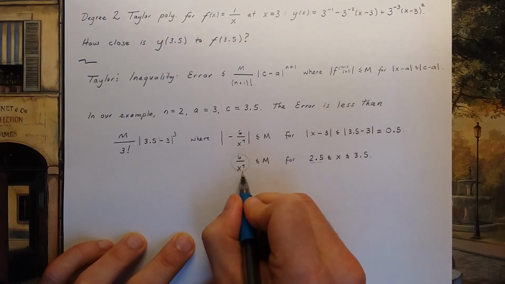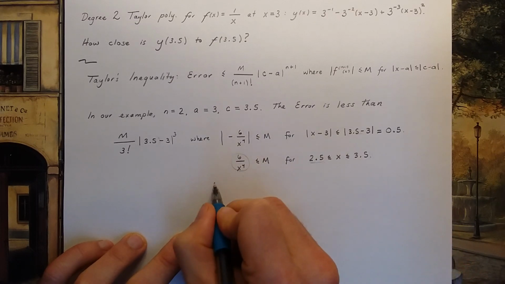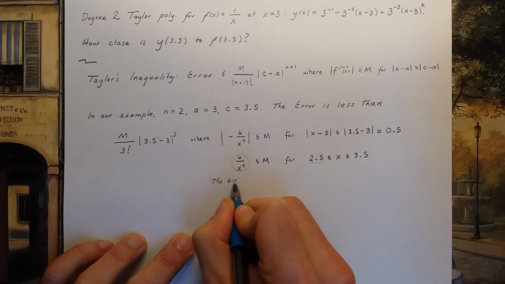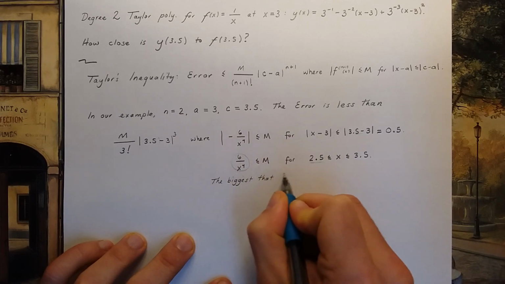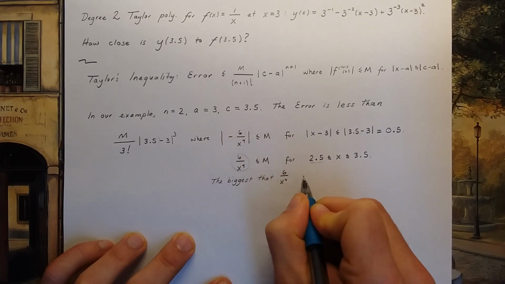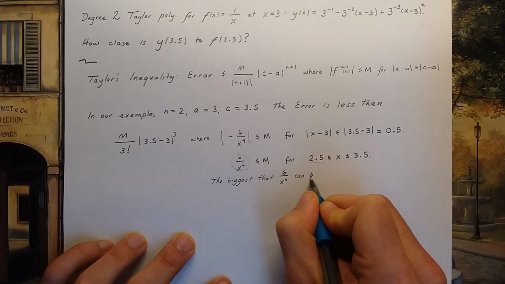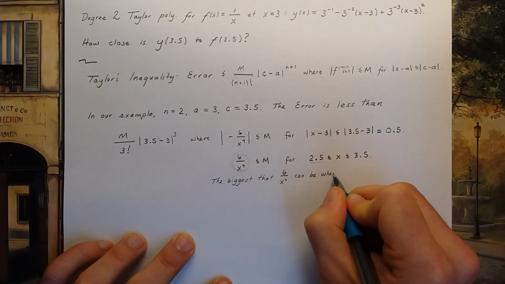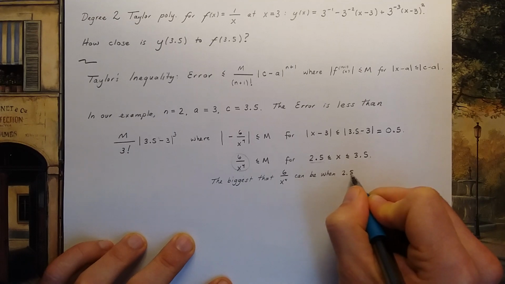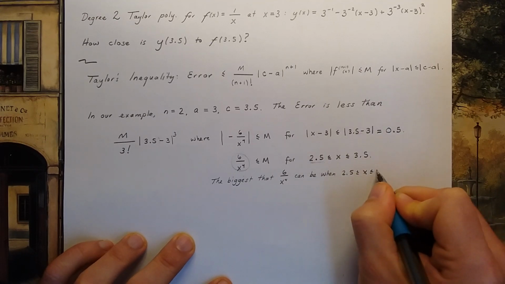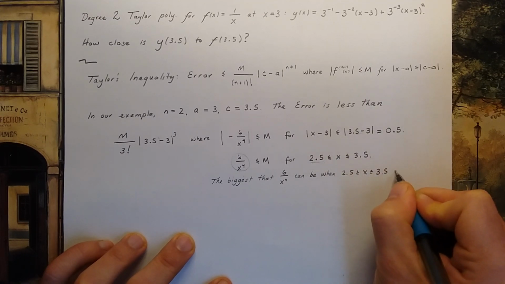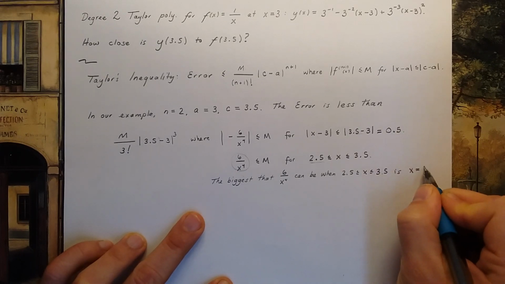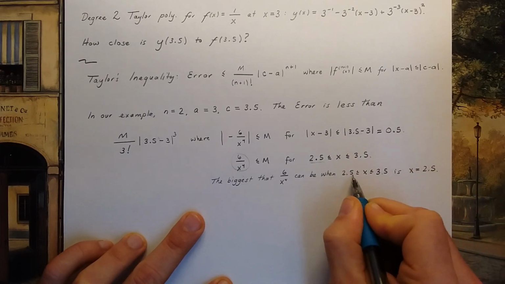So the biggest that 6 over x to the fourth can be when x is in between 2.5 and 3.5 is when x is 2.5, the smallest possible value.